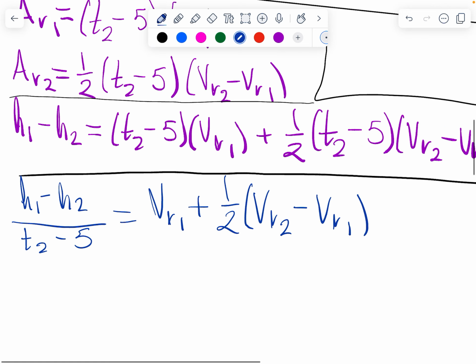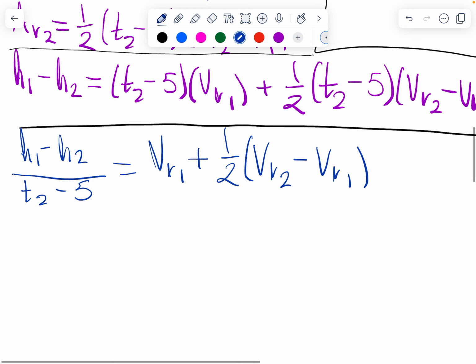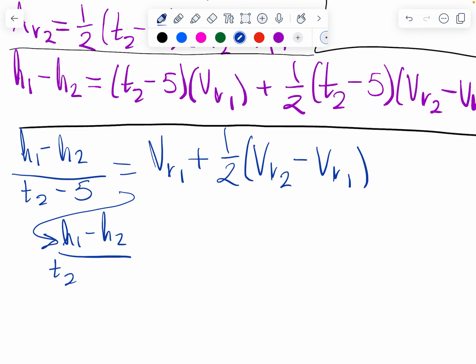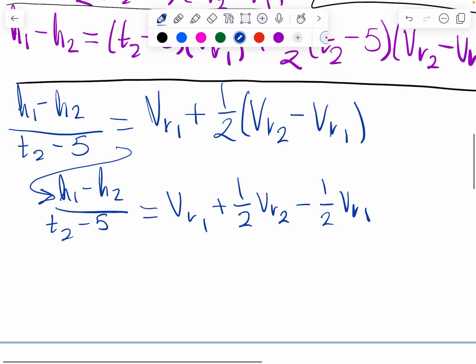Okay. So now that we got that, we want to simplify, right? Because look at what happens when we simplify. Real quick, let me write this. If we simplify, we get 1/2 VR1 plus 1/2 VR2 minus 1/2 VR1. Look at that. We can reduce our VR1.